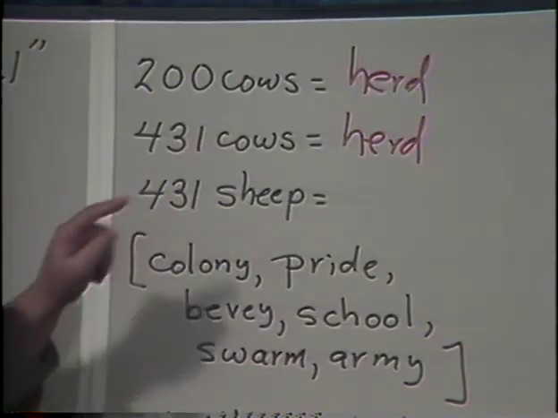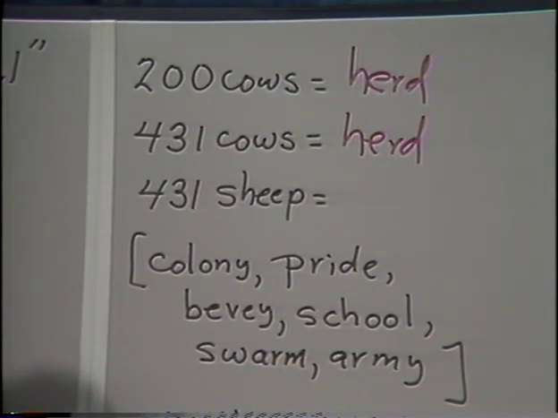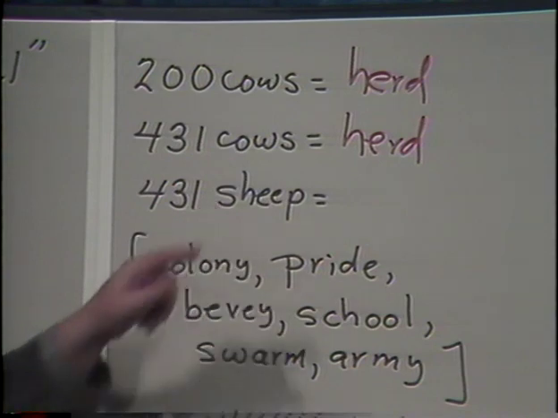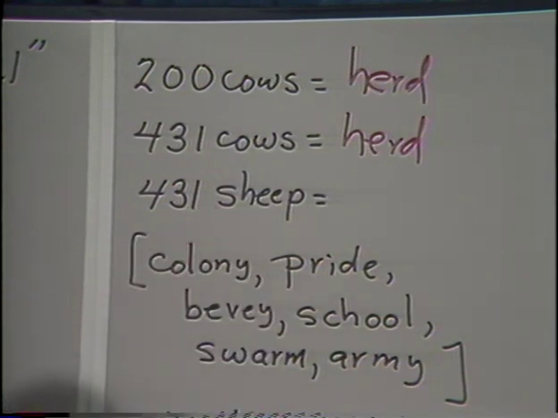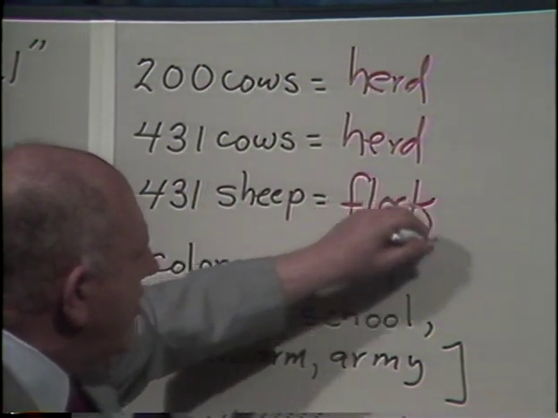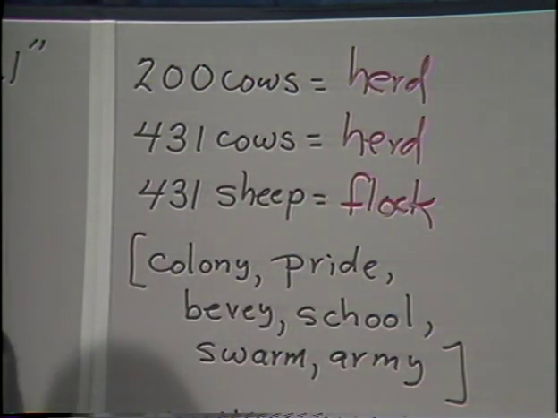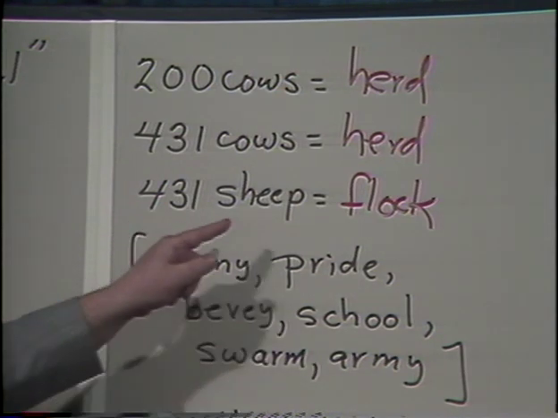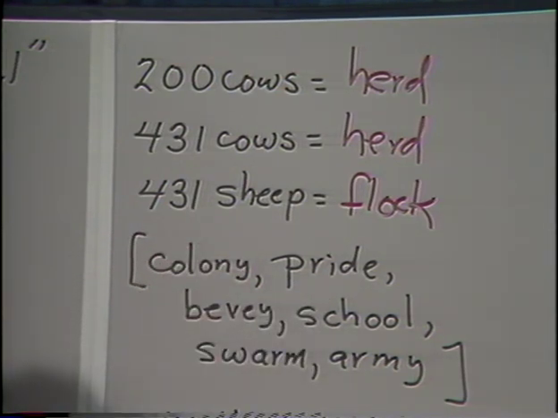Now, what if you have 431 sheep? You don't call that a herd because sheep don't look like cows. You call that a flock. You don't call the guy who takes care of them a sheep flocker, but that's another story. In any event, look at how we do this with a whole bunch of things.